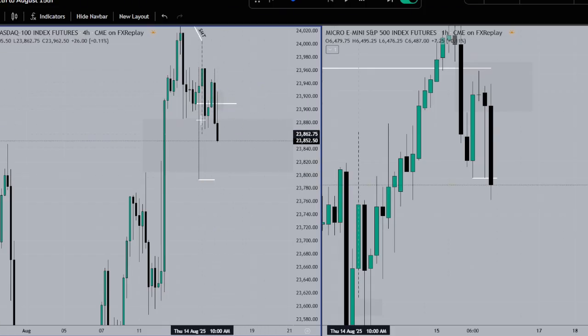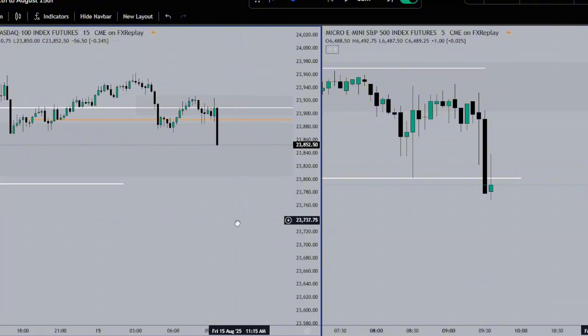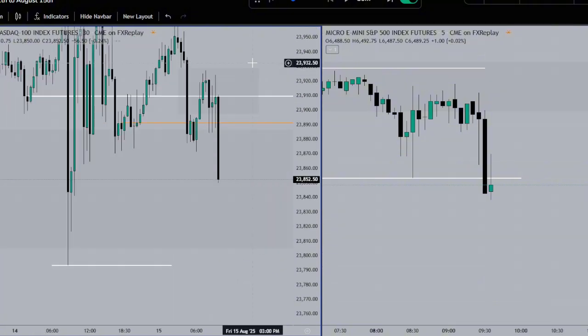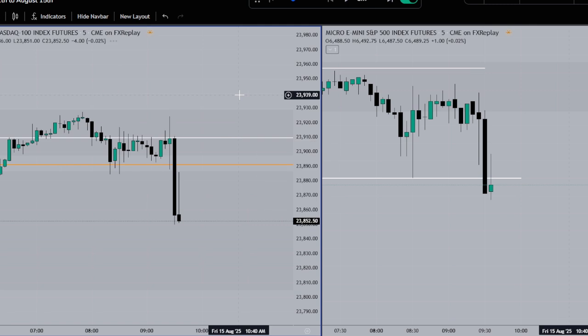It looks like we're respecting this change in the state of delivery. Mark that out. Seems like we're respecting that. Do we get any SMT at the high? Check.